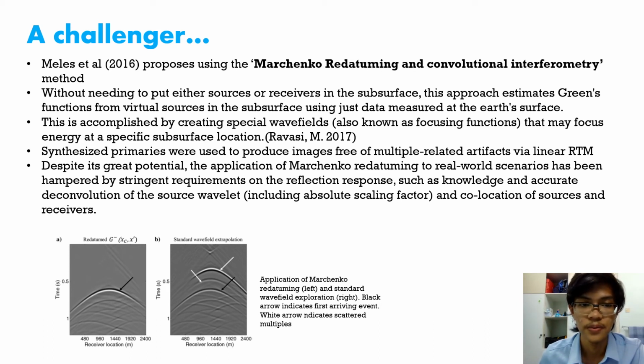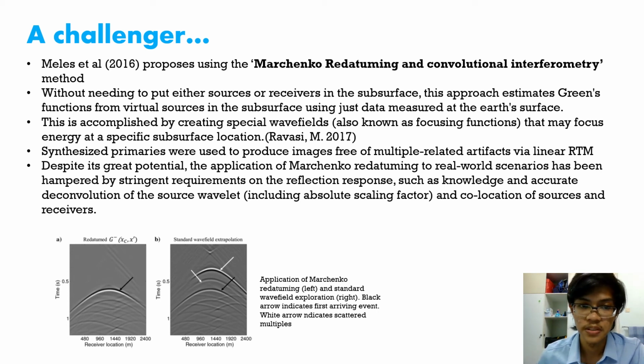How do they do this? By creating special wave fields, also known as focusing functions, that may focus energy at a specific subsurface location. These synthesized primaries were used to produce images free of multiple-related artifacts via linear RTM.